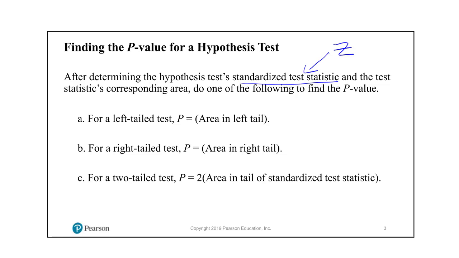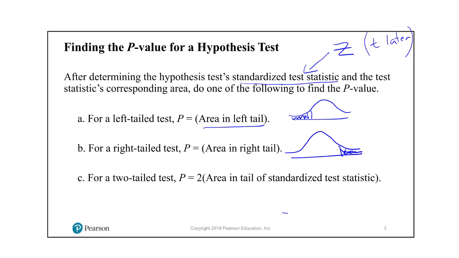So yes, we're using Z now and then T later in the next section once we do some problems where we don't know sigma. All right, so for a left tail test, P is going to correspond to the area in the left tail. For a right tail test, P is going to be the area in the right tail.